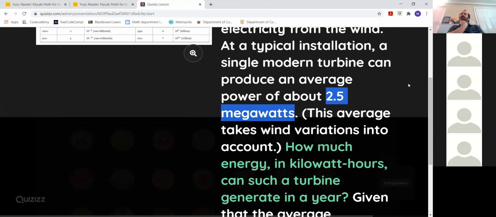And so if they give us 2.5 megawatts, what do we want to do with this megawatts? We're trying to get to what unit?